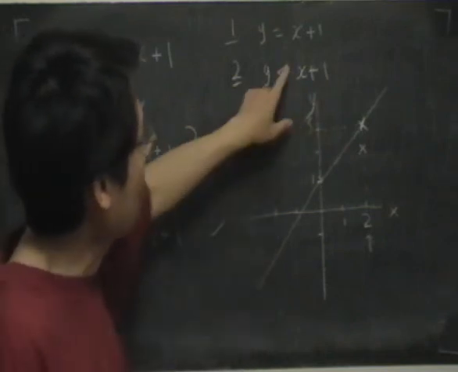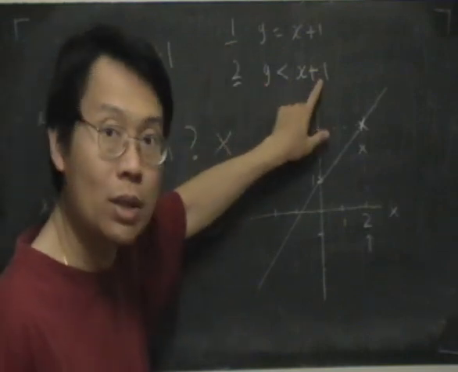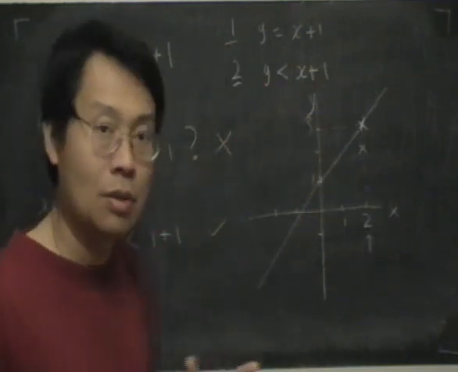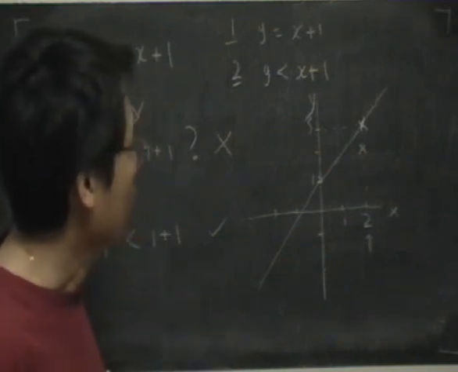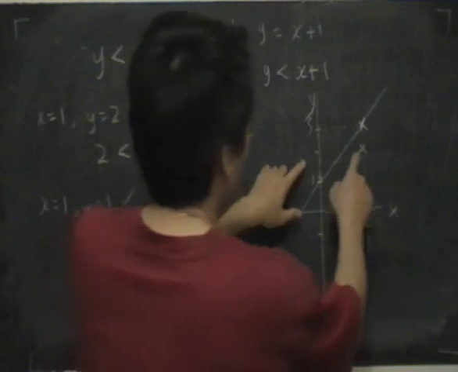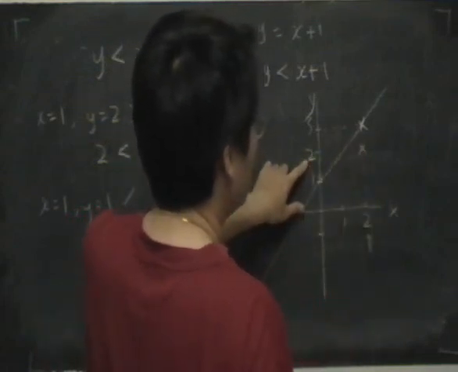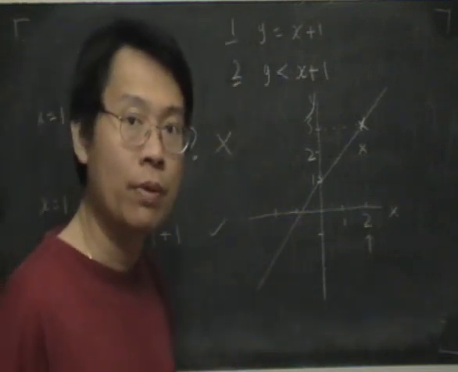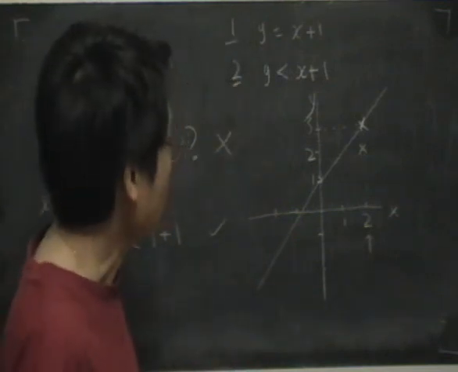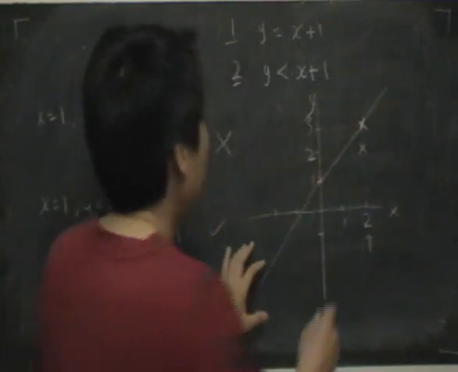So as long as I have y less than x plus 1, it is a possible set of values. For example, if the y value of that point is 2, it would satisfy that. You can imagine going to every point on the line.